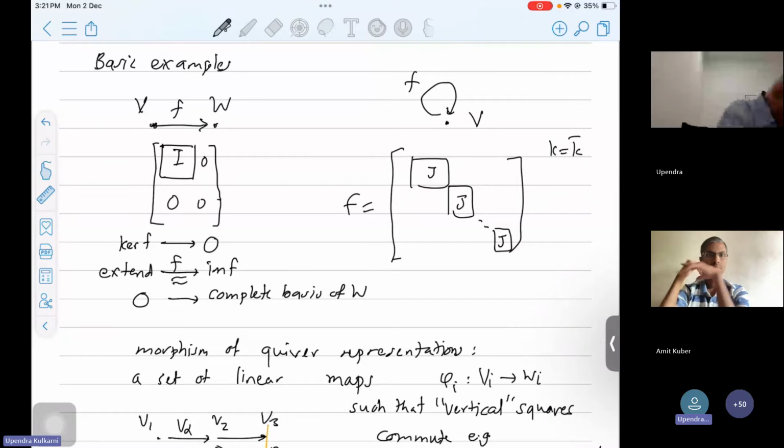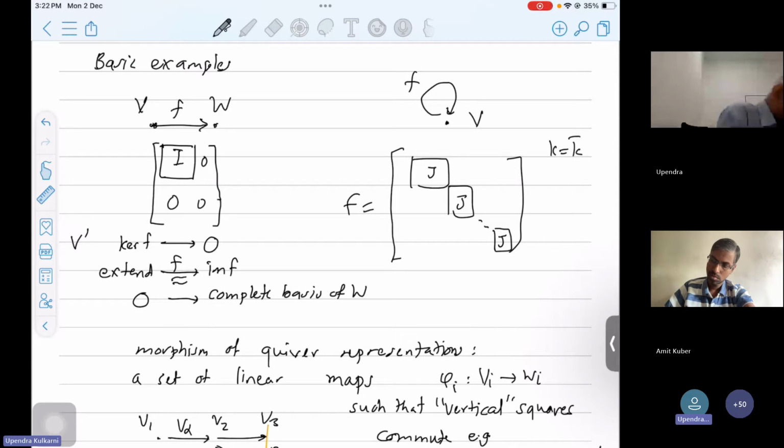What this is saying is that I can break this map F into three completely different parts that do not talk to each other at all. Take a basis for the kernel. Let us call the span of that V prime.